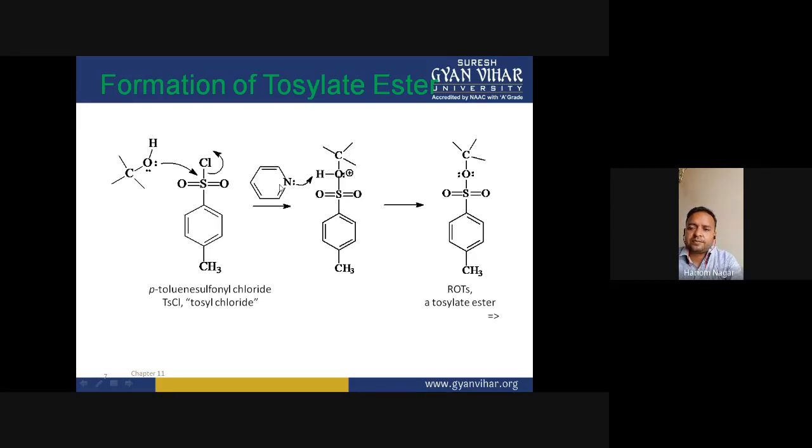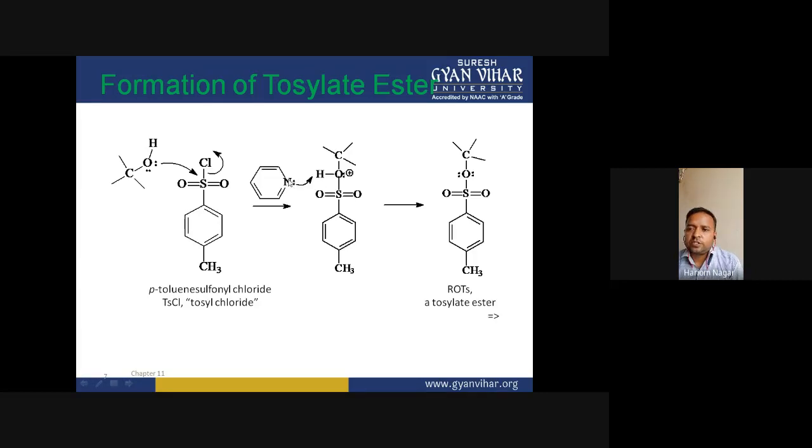And in the next step, pyridine, which acts as a strong base, abstracts this hydrogen in the form of a proton, H plus ion. When the shared electron density of the OH bond shifts onto oxygen, the hydrogen becomes positively charged and is attacked by pyridine, because pyridine contains nitrogen at which a free lone pair of electrons is present.